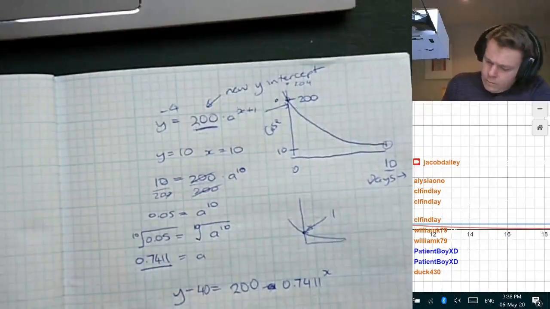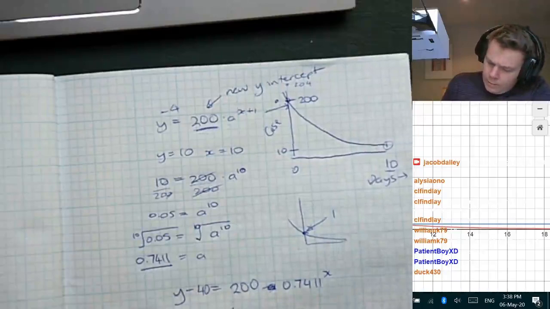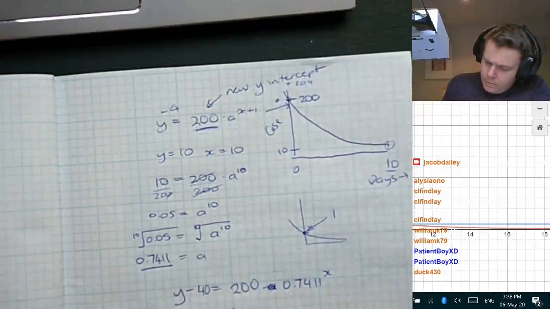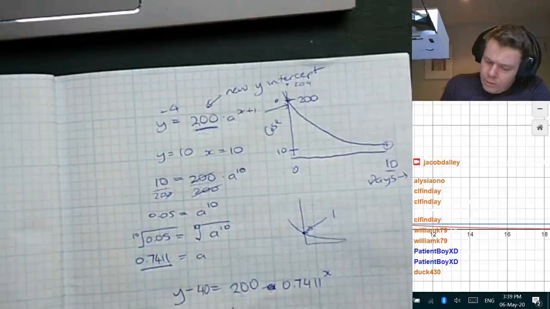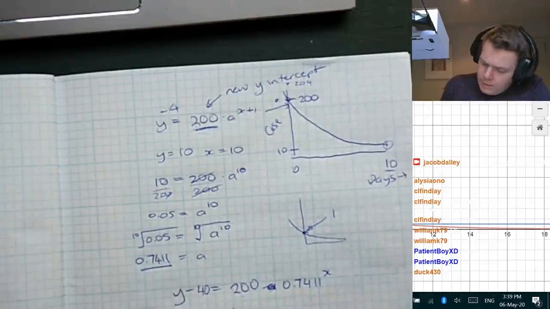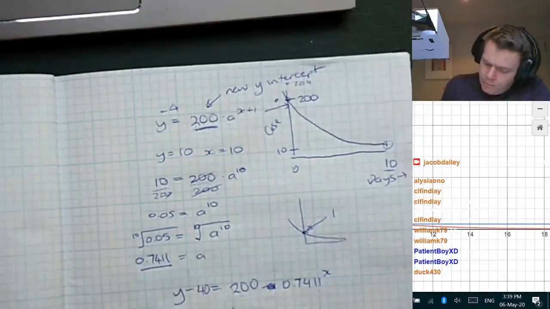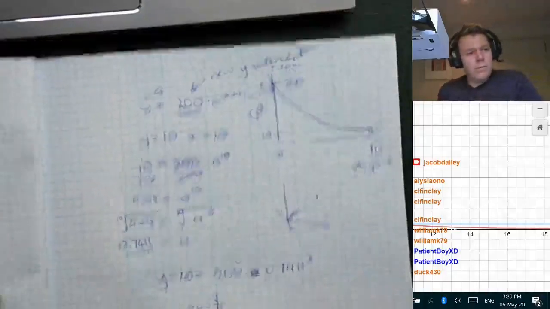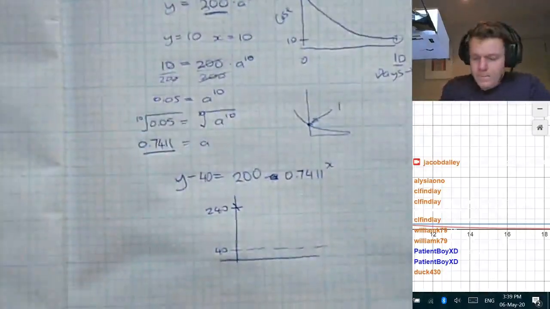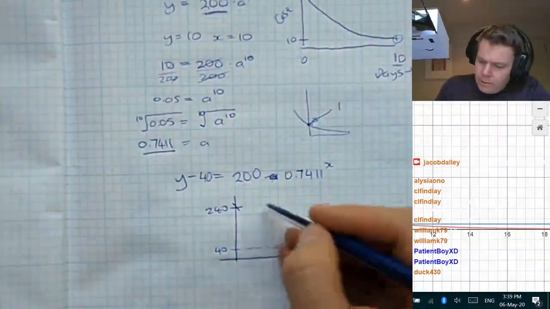Well, this is what would happen. Now it wouldn't go through 200, it'd actually go through 240, and then your asymptote down here would be, oops, sorry. So the new graph would look like this.